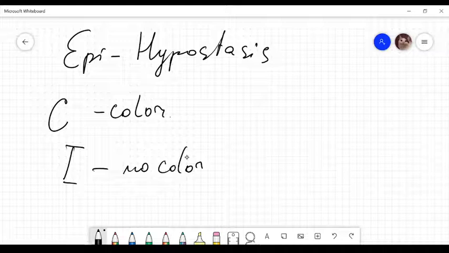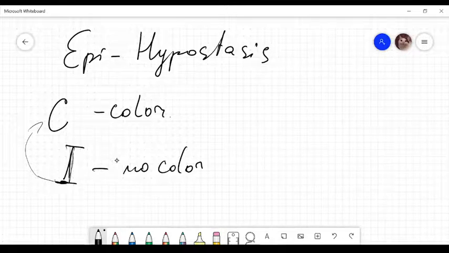In other words, the gene I interacts with the gene C. Gene I is dominant, and when it is dominant, it interacts with the gene C so as to suppress its expression. The work of gene I in dominant is a suppression of the work of gene C.